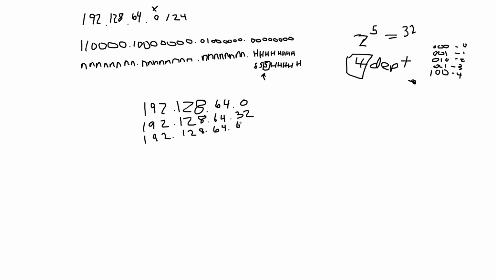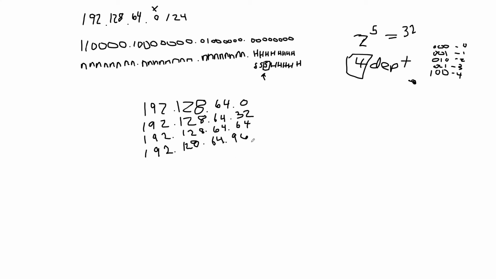It's going to be 64. 192, 128, 64. 64 plus 32 is 96. That's going to be our fourth network.